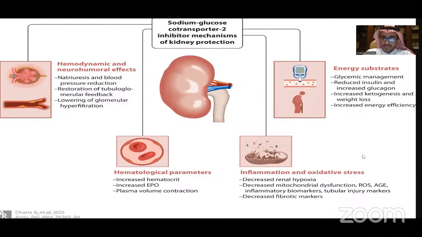SGLT2 inhibitors also have a role in decreasing renal hypoxia, decreasing mitochondrial dysfunction, and decreasing fibrotic markers. Also, there is the energy substrate by glycemic management, reduction in insulin, increasing glucagon, increasing ketogenesis, and weight loss. So all those are different pathways or different mechanisms by which SGLT2 inhibitors protect the kidneys.